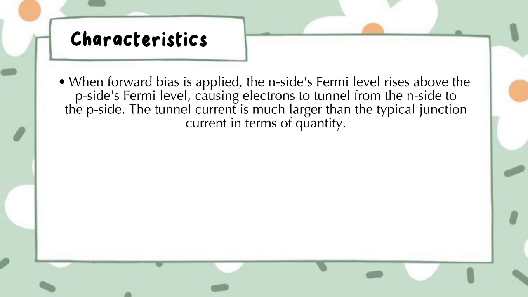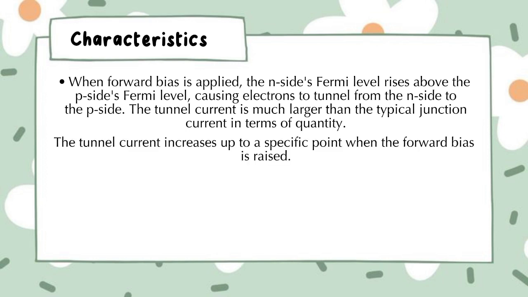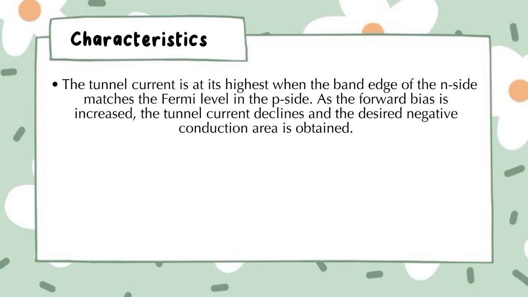The tunnel current is much larger than the typical junction current. The tunnel current increases up to a specific point. When the forward bias is raised, the tunnel current is at its highest when the band edge of the n-side matches the Fermi level in the p-side. As the forward bias is increased, the tunnel current declines and the desired negative conductance region is obtained.